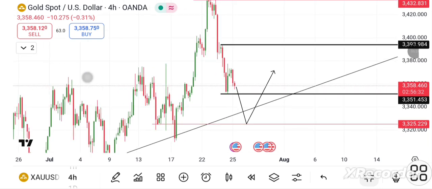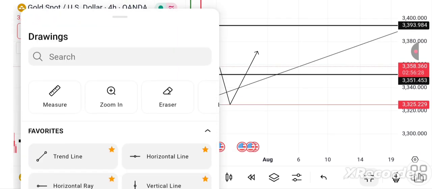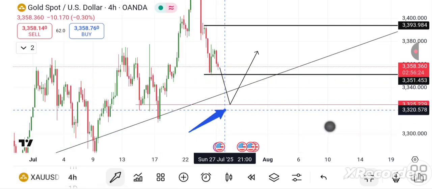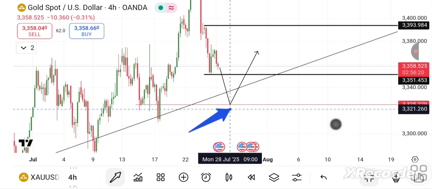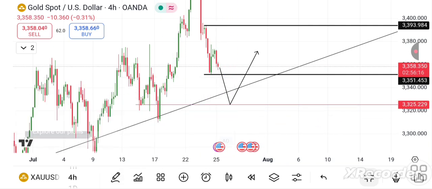We do expect, if price comes back to this level, to form a shoulder, head, and then shoulder. So we look for the key points where market could reverse from.